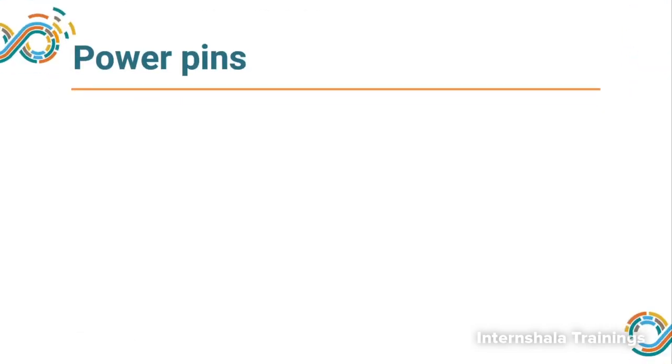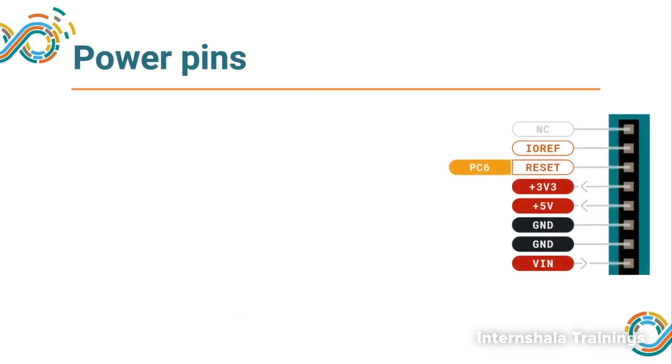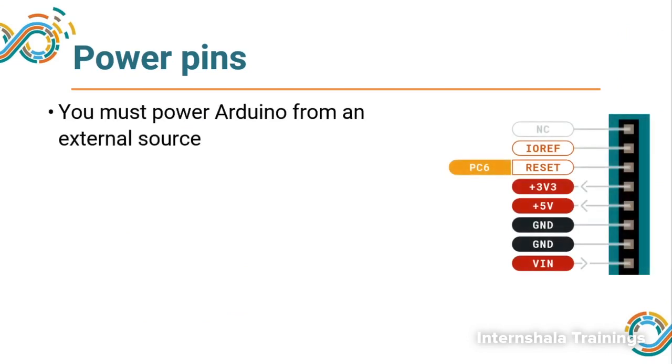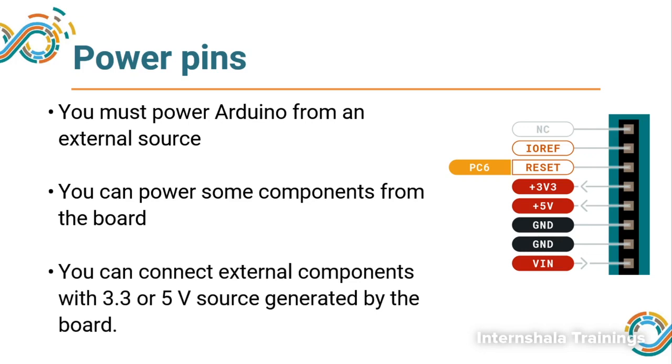The first category that we have is power pins. Power pins are on the left side of the board, and these are used to power something which is outside the board, some external components, sensors, all of them. We can supply ground, 3.3 volt and 5 volt using these pins.